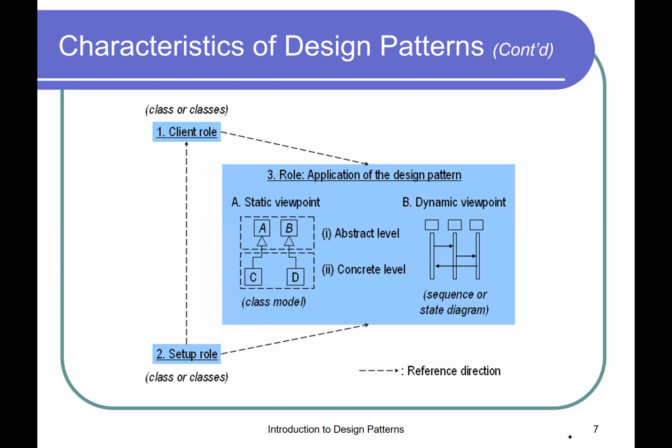Now, in that big blue box, you see there's a static viewpoint of how the classes are connected with each other, using generalization, aggregation, association, and all these sort of things that we've looked at before. And then from a dynamic point of view, using things like sequence diagrams, collaboration diagrams, and so on, it's showing how these classes are connecting with each other. And mainly, we're going to be looking at really just sequence diagrams, one type of interaction diagram.